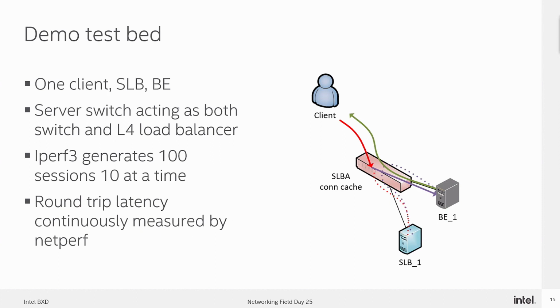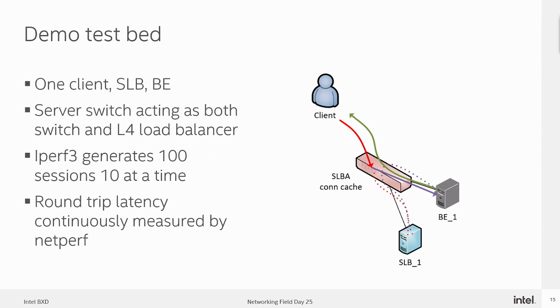We've got one client connected to the SLBA connection cache, and as this is equipped with Tofino, it also serves as a switch. So in this case, we are combining the functionality of the load balancer and the switch in one box, but it's just for simplicity.